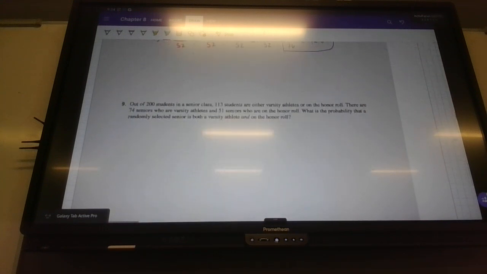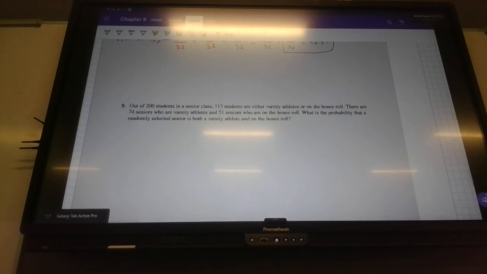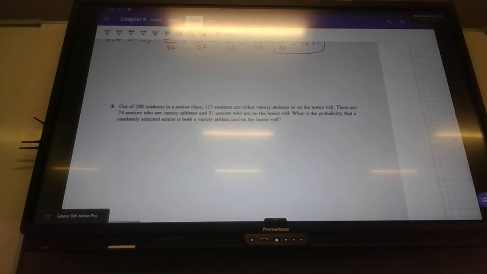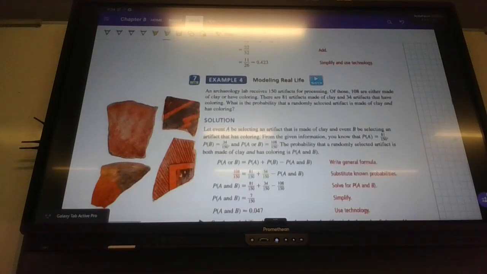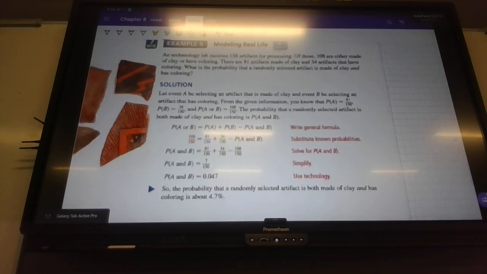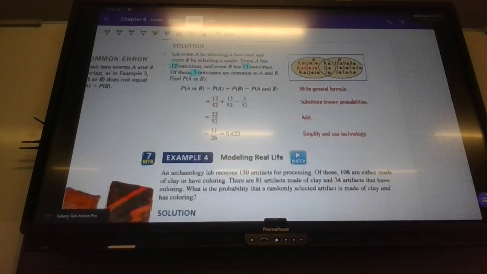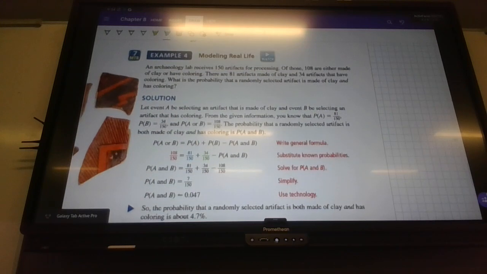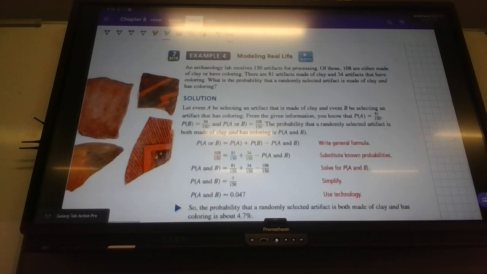All right, this one. I feel like we should look at the example before we get into this one. Let's go ahead and read example 4 because this next problem is a little bit tricky. An archaeology lab receives 150 artifacts for processing. So I'm going to identify that as the total. Helps me with word problems like this.